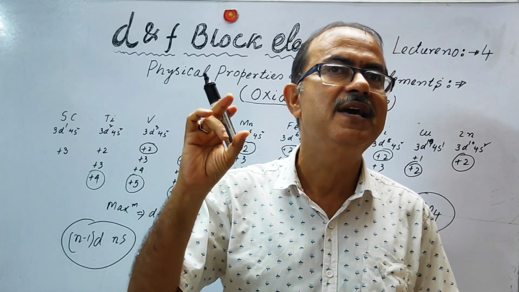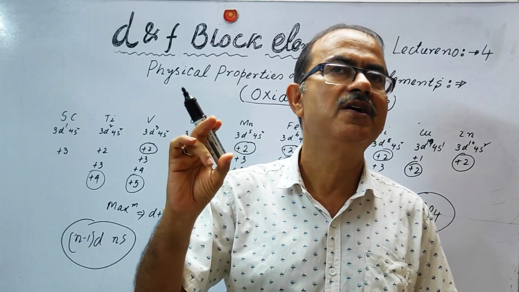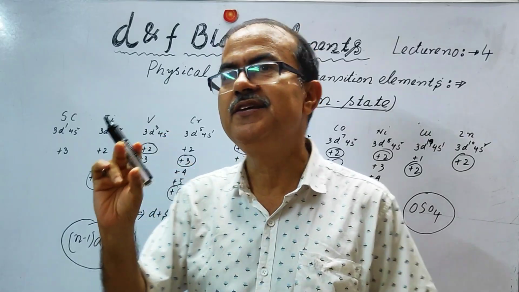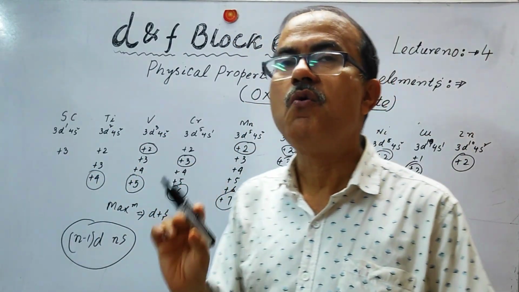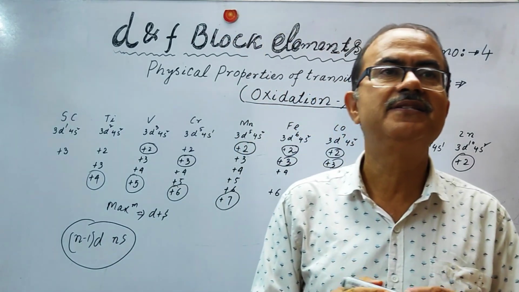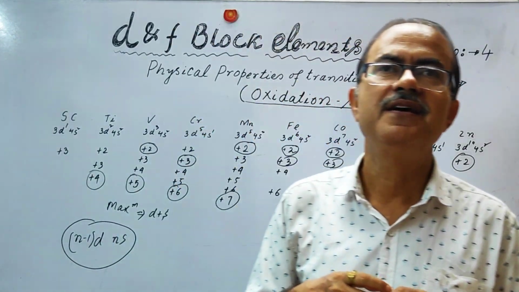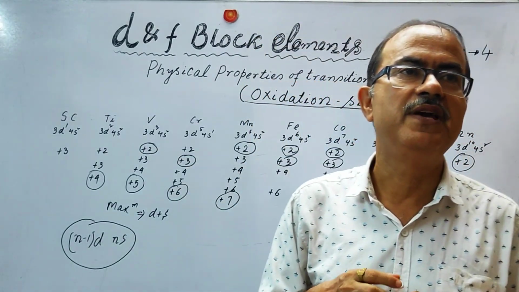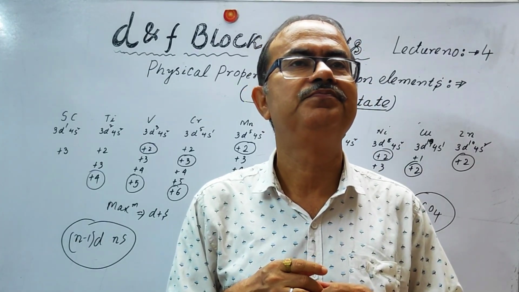So the difference between two consecutive oxidation states there is 2, whereas here it is 1. Okay, so we understand the reason behind these high oxidation states: it is basically due to the very small energy gap between (n-1)d electrons and ns electrons.